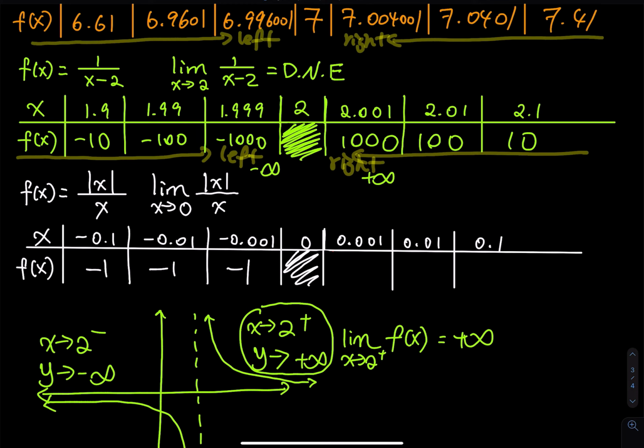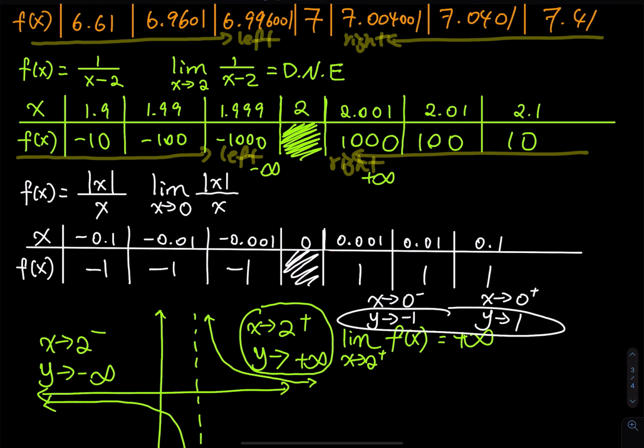And on the other side, you have a positive divided by a positive, which will be all 1. So as x approaches 0 from the left, y approaches negative 1. As x approaches 0 from the right, y approaches positive 1. Since they are not the same, that means the limit does not exist.